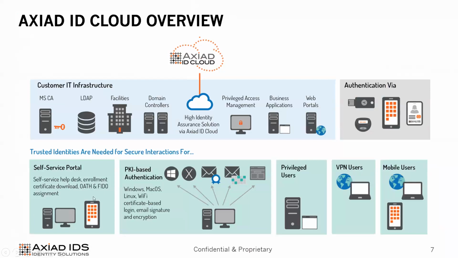Once they have that token in hand, there's a variety of use cases. For example, privileged users can do PKI-based authentication to their different OS, whether it's Windows, Linux, Mac, online or offline. They can do digital signature, encryption, and log in using PKI to PKI-enabled portals. Also, for privileged users, through products like CyberArk, Wallix, or others, they can authenticate securely using that PKI-based authentication to secure all your applications.